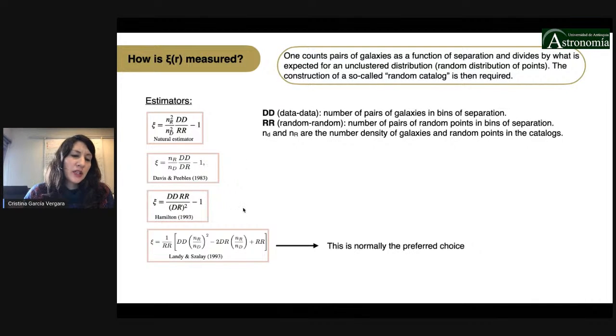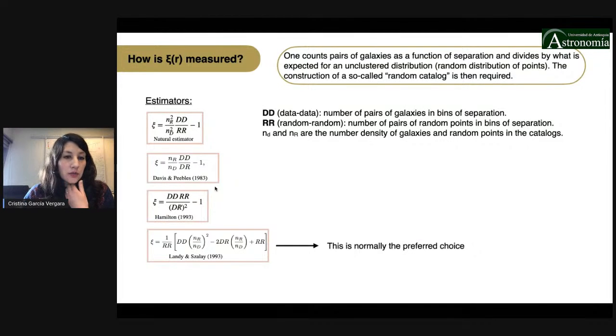Also, they have different uncertainties and different statistical properties, but in general, all of them should give you the same answer. And normally the Landy-Szalay is the preferred estimator, the most used estimator, because it's considered that it gives you the least uncertainties, as it is less sensitive to the size of the random catalog, for example, so this is normally more used.